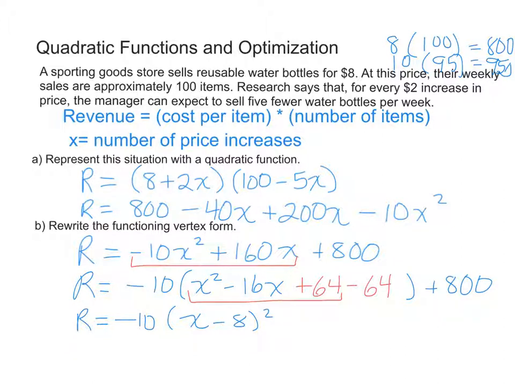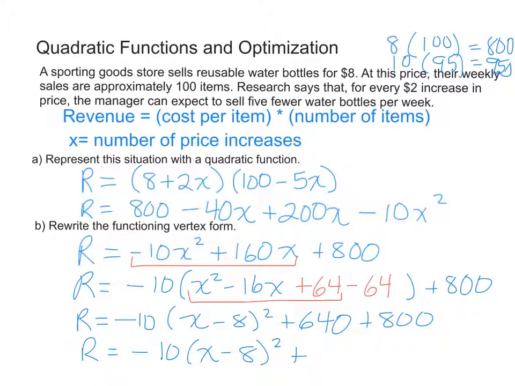And I'll take the negative 64 out, but when I take the negative 64 out, I have to multiply it by the negative 10. So it's actually plus 640 and then plus 800. So our vertex form is negative 10 times x minus 8 squared plus 1440.